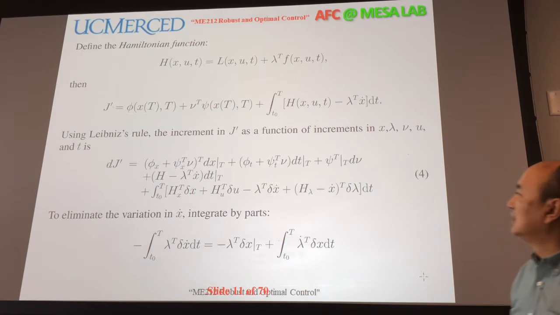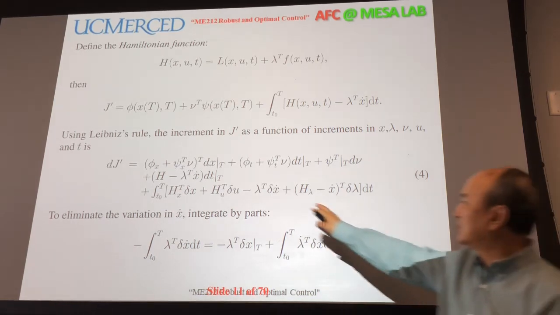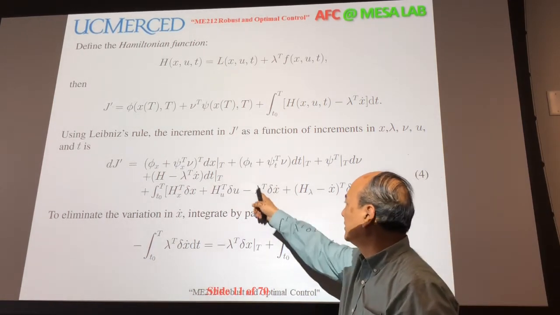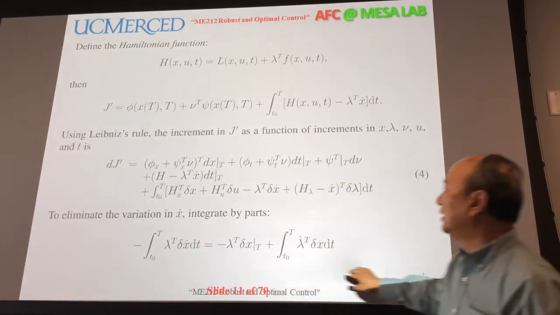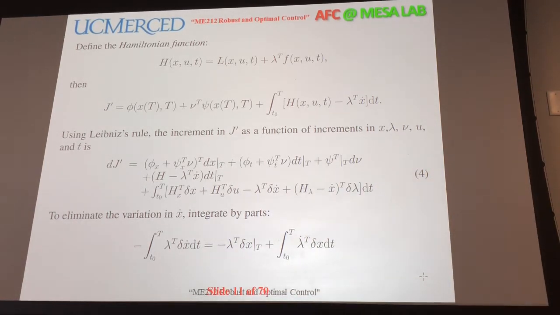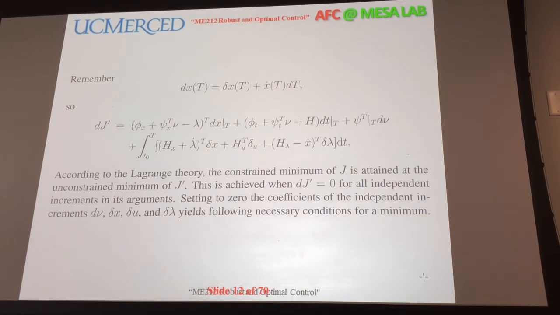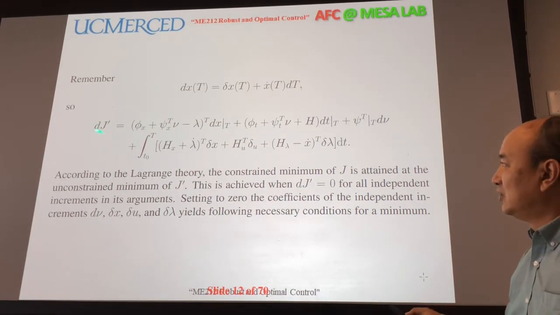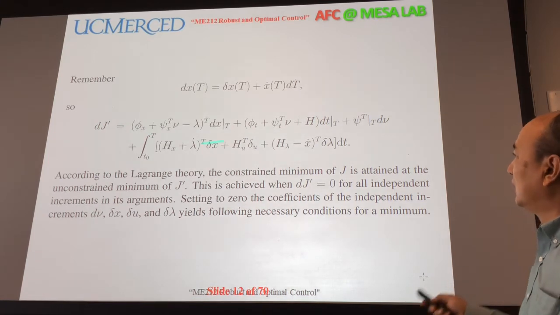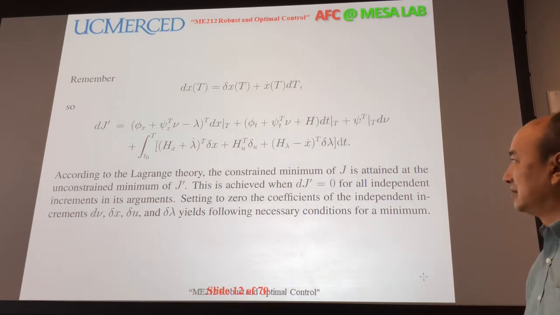This integration is possible to do by parts. And remember, we have this magic equation. So in the end, we have this total variation in J written in this long equation.